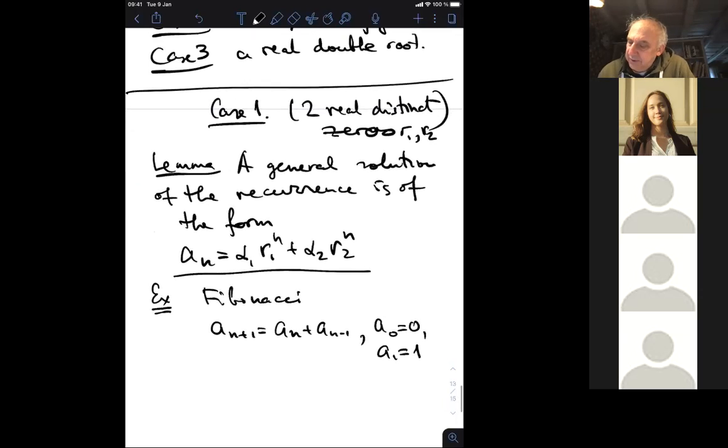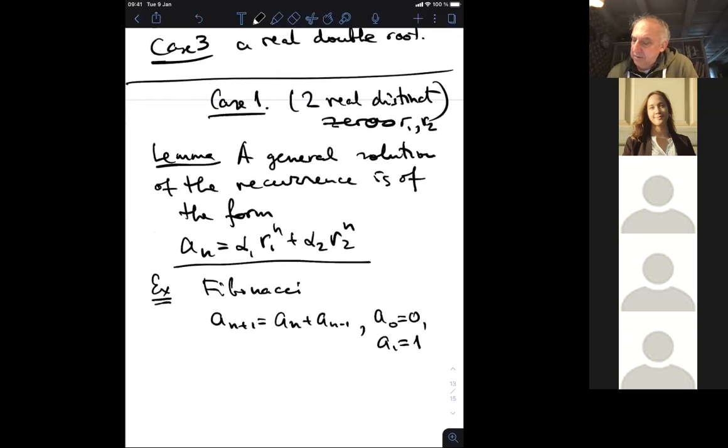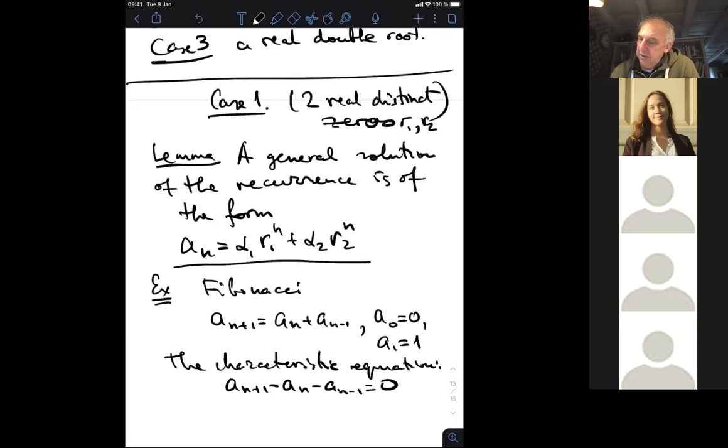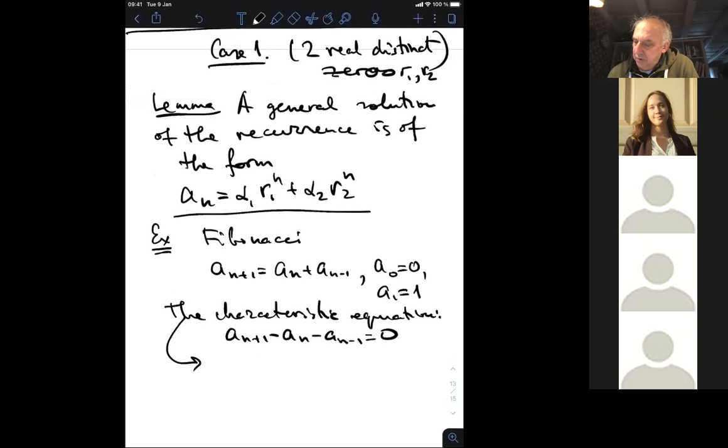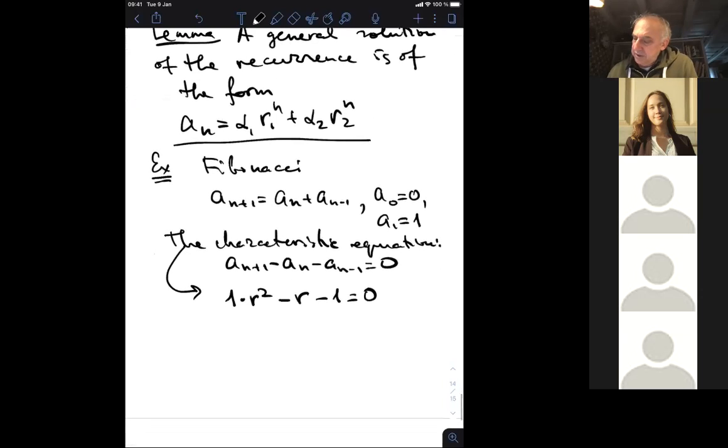Okay, so let's first look at the recurrence relation, the characteristic equation. I start with the recurrence and move all terms to one side, so we have this thing vanishing, and the characteristic equation would be 1 times r squared minus r minus 1 equals 0.